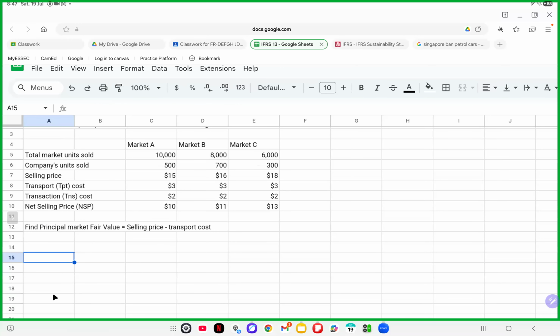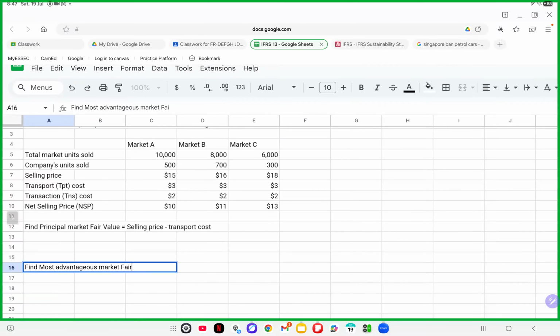After the principal market, you have to find the most advantageous market. Fair value is the same thing: selling price minus away the transport cost. So please try this.